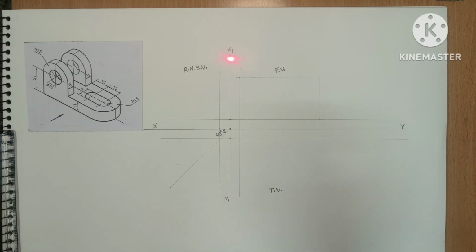I have drawn x1 y1 line here, and then from this point I have taken 10 mm distance to the right, and from this point 10 mm distance to the left side, and make the proper planning of how to draw the front view, how to draw the top view, and how to draw the right hand side view. Make the proper planning of the space or of the sheet.